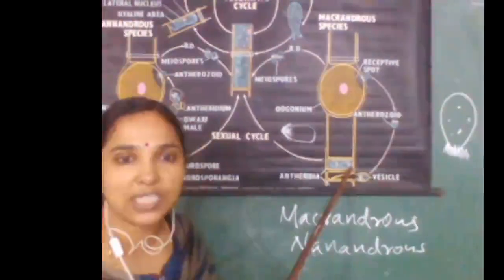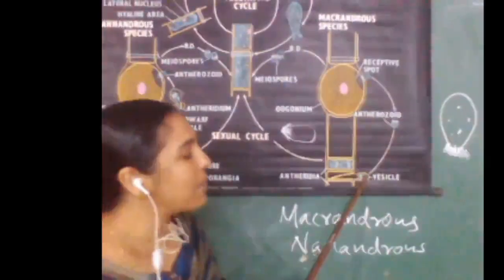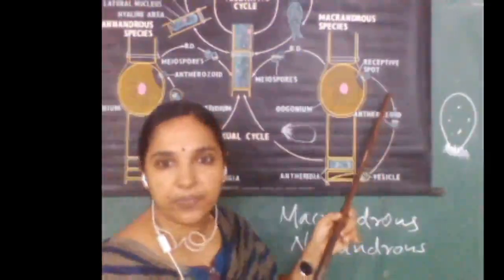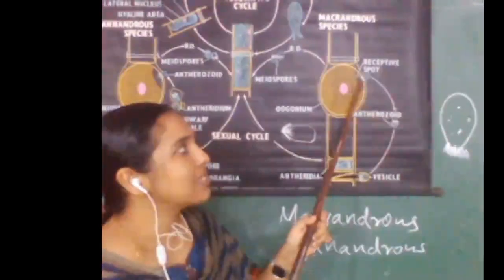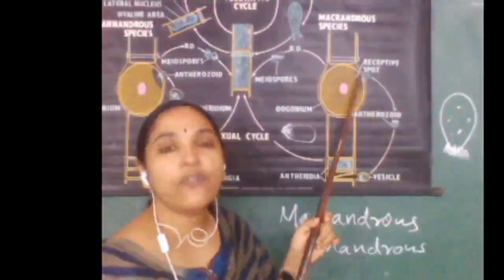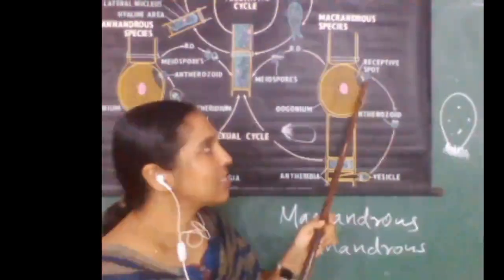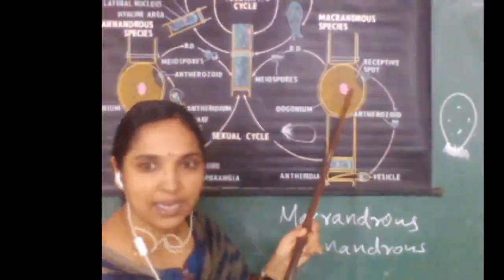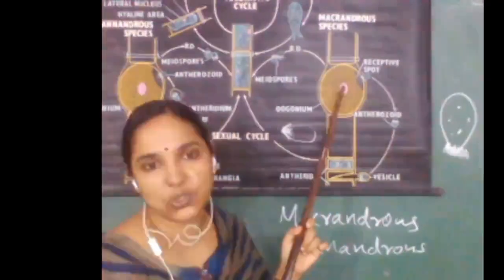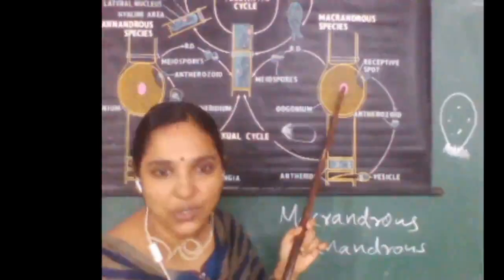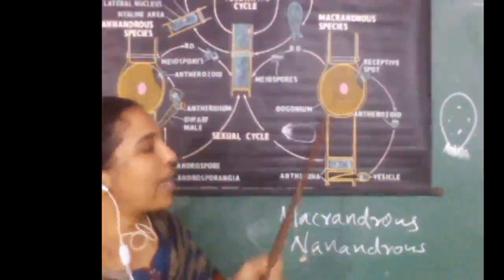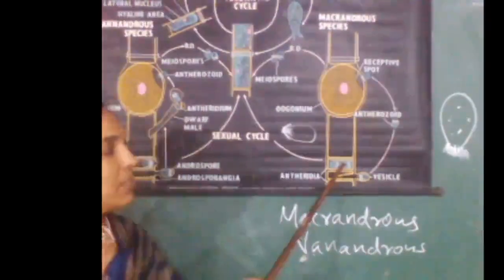Now the liberated antherozoids swim and attach to the receptive spot of the oogonium. Where the wall dissolves, they enter inside and fertilization takes place. Understood?